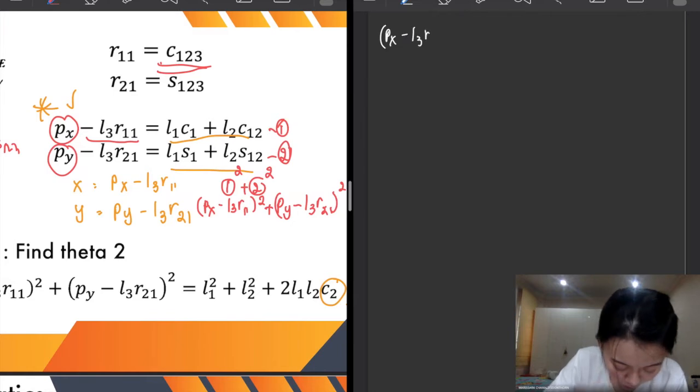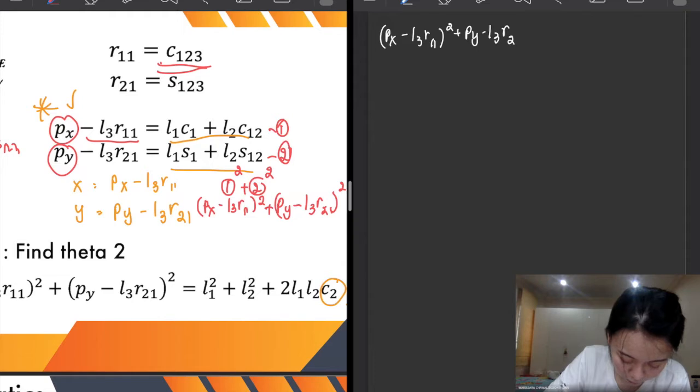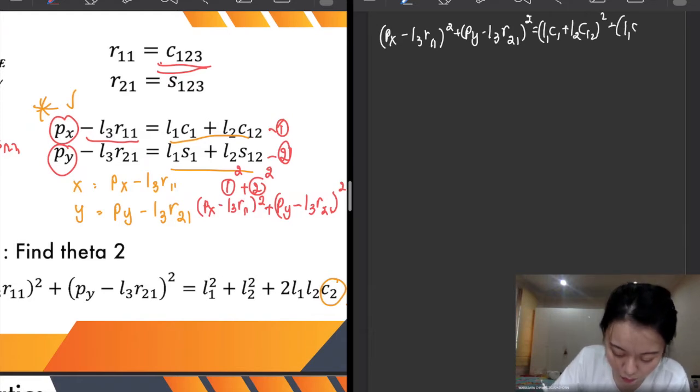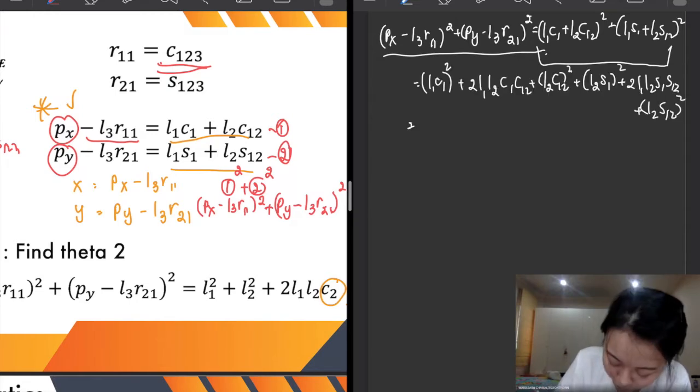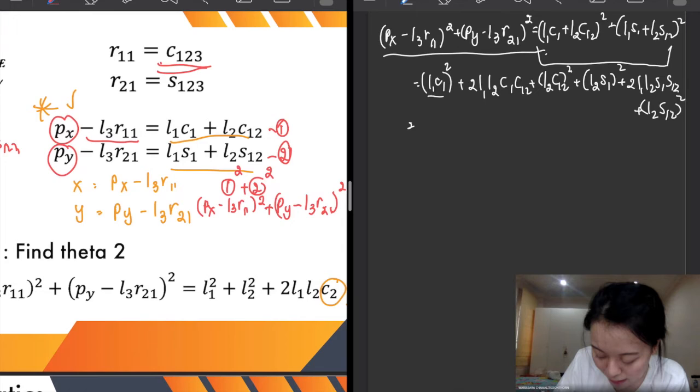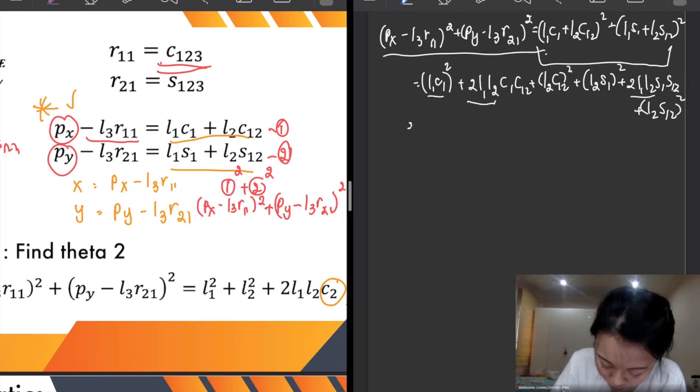First, I define (px minus L3 R11) squared plus (py minus L3 R21) squared equal to something, and this term we leave it, and we only have to solve the second term. So we leave this term out.